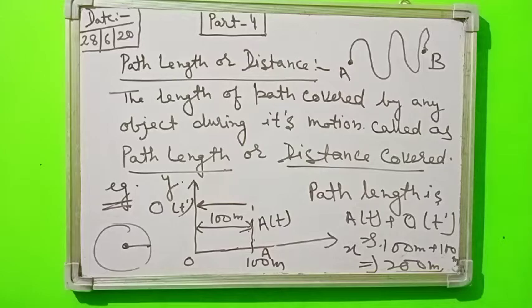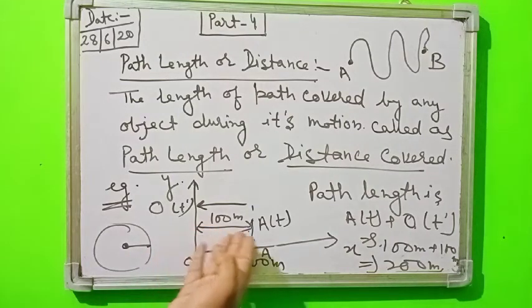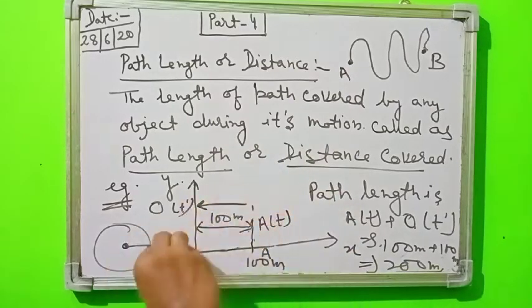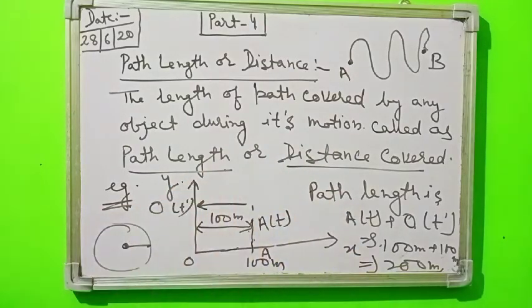Since it has no direction, all directions are taken as positive, neither positive nor negative. So it is called a scalar quantity.